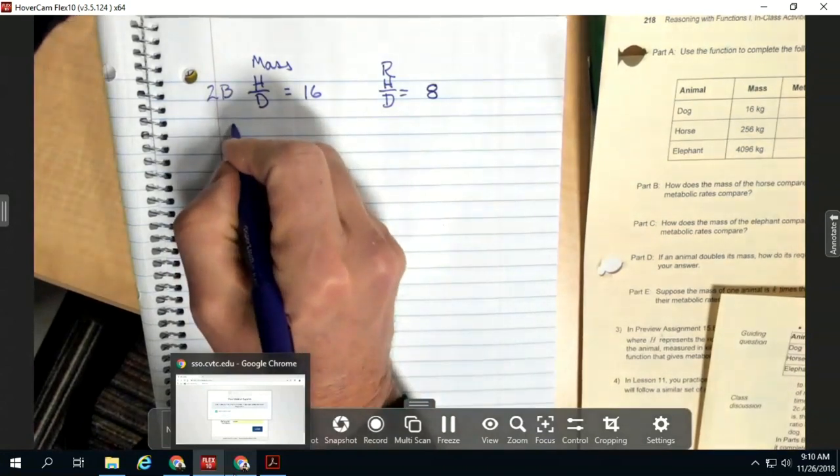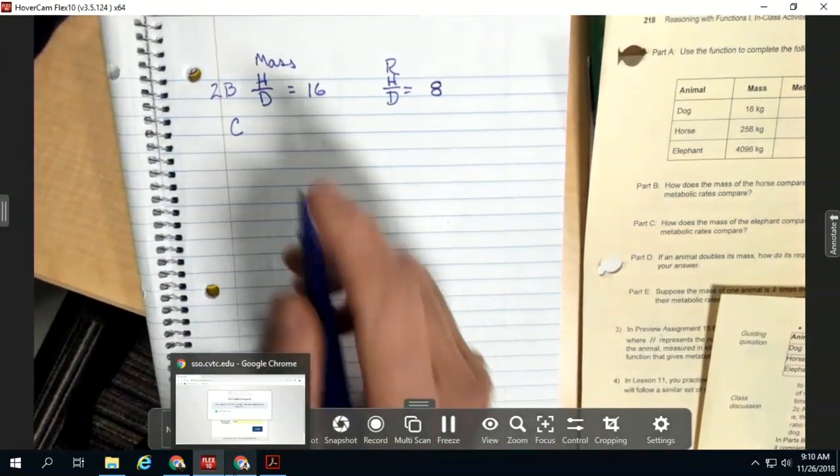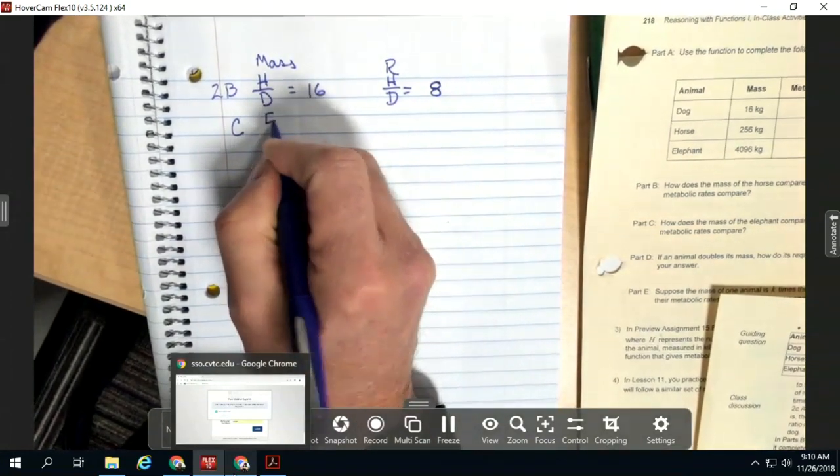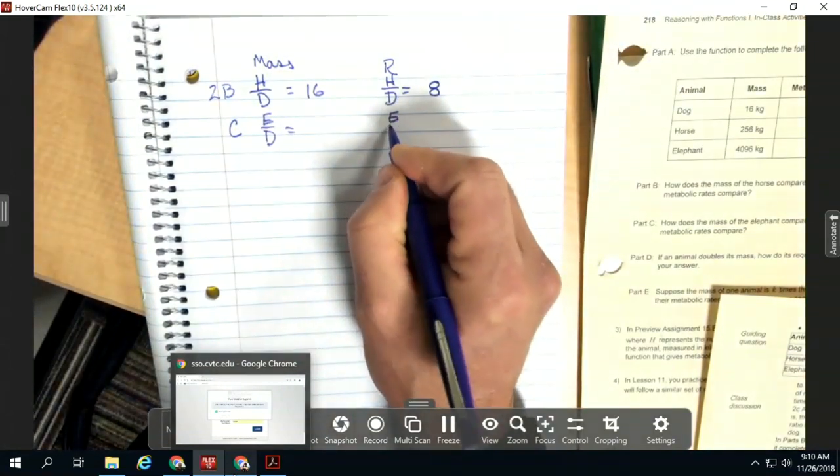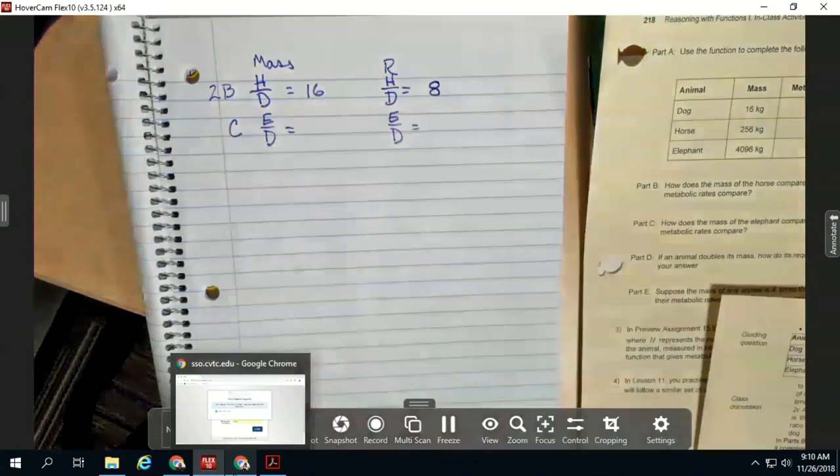Okay. Part C says elephant divided by dog. Elephant divided by dog.